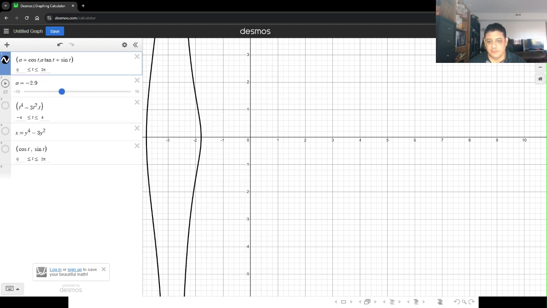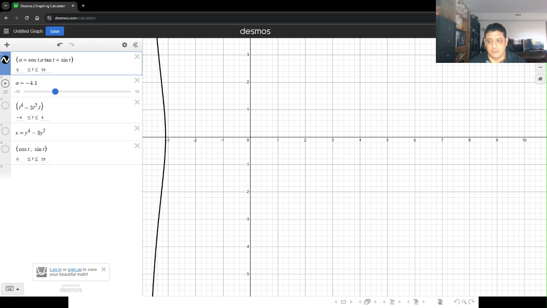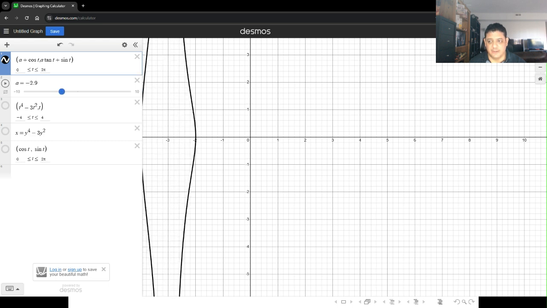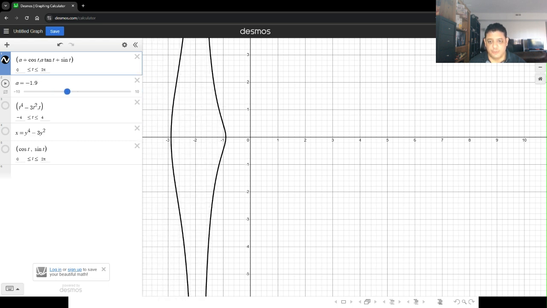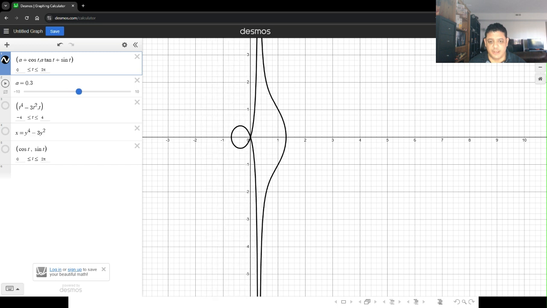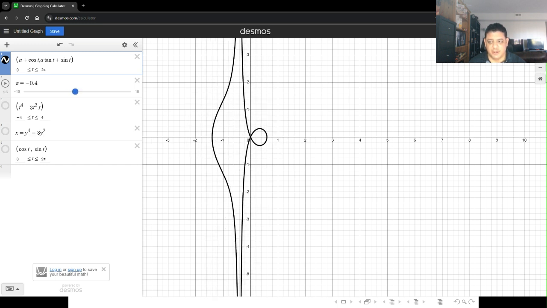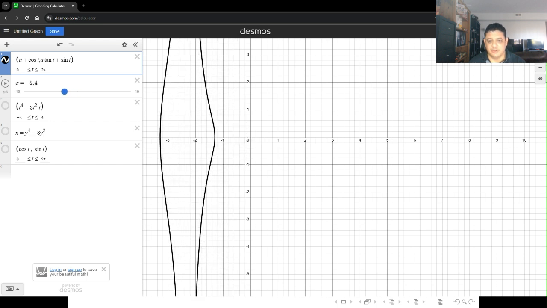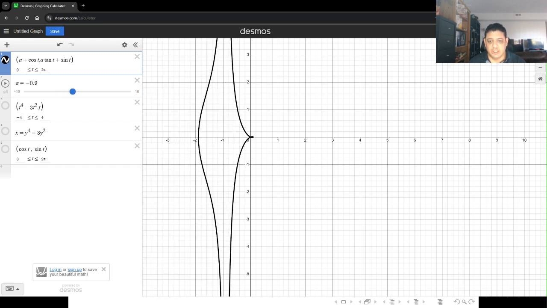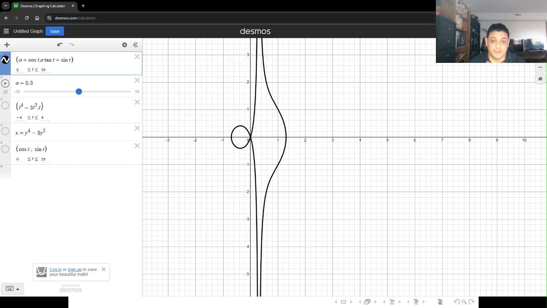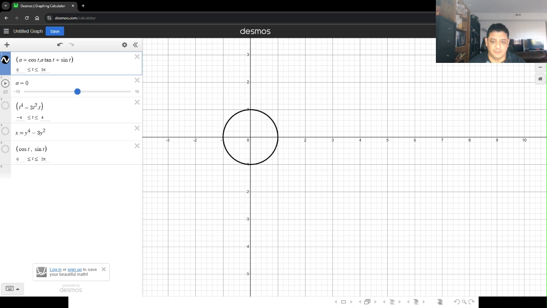Notice what the situation is once I move t between 0 and 2 pi, but I make the other parameter move. That's going to completely change each of the curves and the points that I'm obtaining. So at a certain point, it even seems like I get a circle.